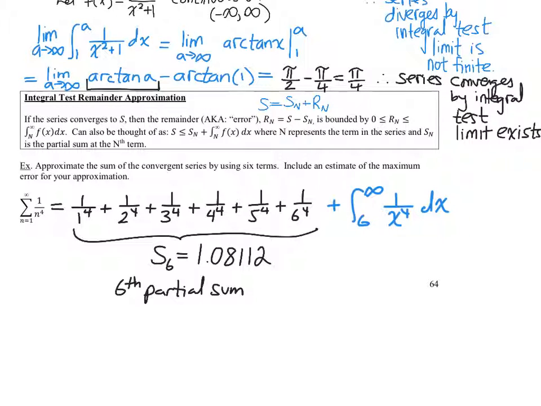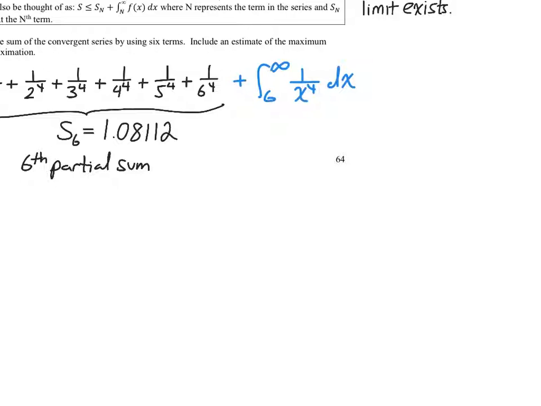All right, so we're just using the same concept, except instead of going from 1 to infinity, I'm finding the term of the partial sum that I want, and then using my integral test approach to figure out the rest of the way to infinity. All right, and so I would find the limit as a approaches infinity on the interval of 6 to a of x to the negative fourth dx.